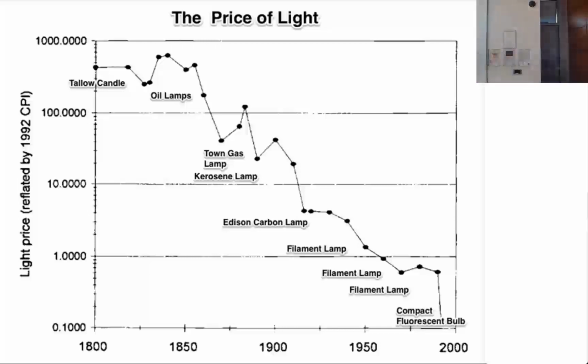And then over time, we switched to oil lamps, and then we switched to gas lamps and kerosene, the filaments, the fluorescent bulbs, and of course it stops in the year 2000. We don't have the LEDs here, which are cheaper still, right? And you can do this actually in the same paper.